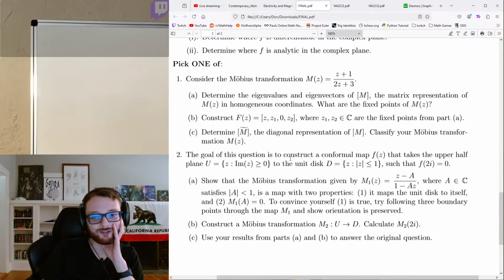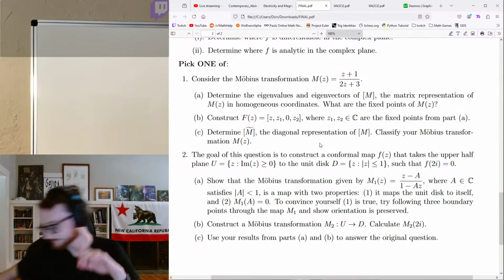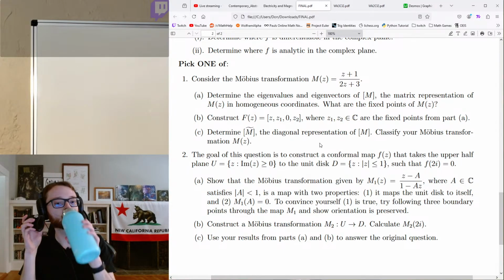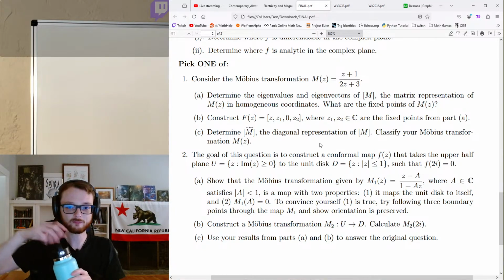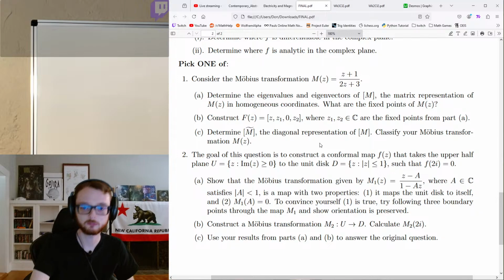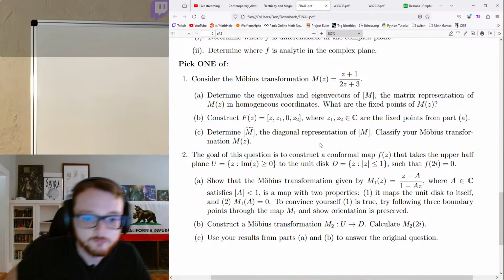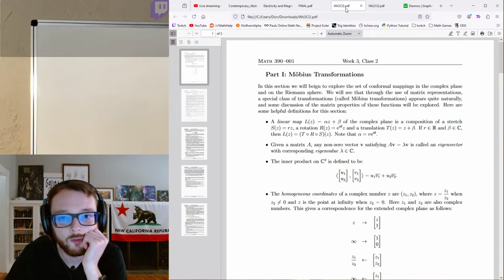I think I remember seeing the introduction of the Mobius transform, but I don't remember learning what it was actually doing. All right, so I guess let's just look through the notes a bit.